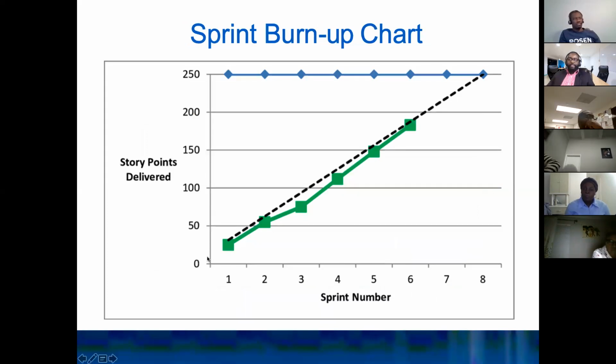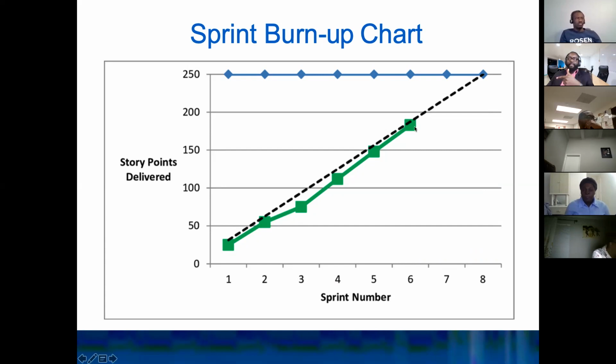So in this case, on the first day you completed almost 25 points, on the second day, you completed 52, on the third day, you completed 75, etc., etc. So it just carries the same information.